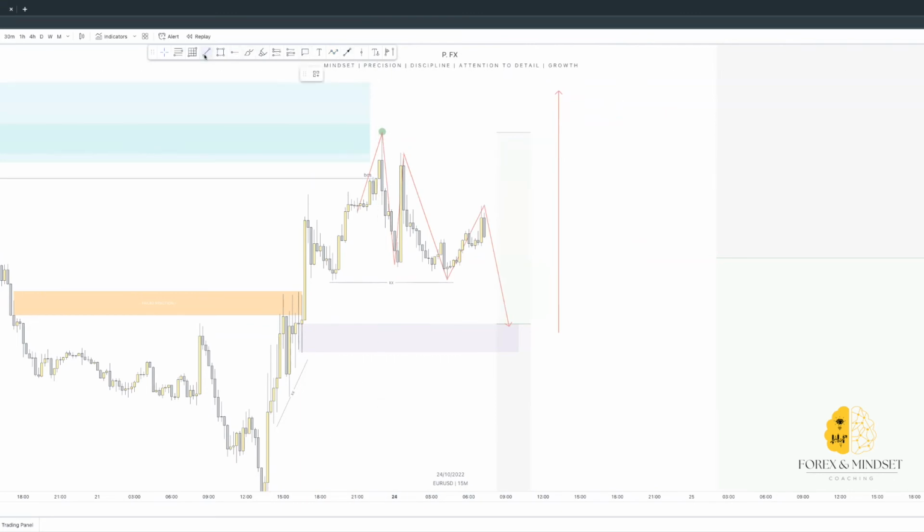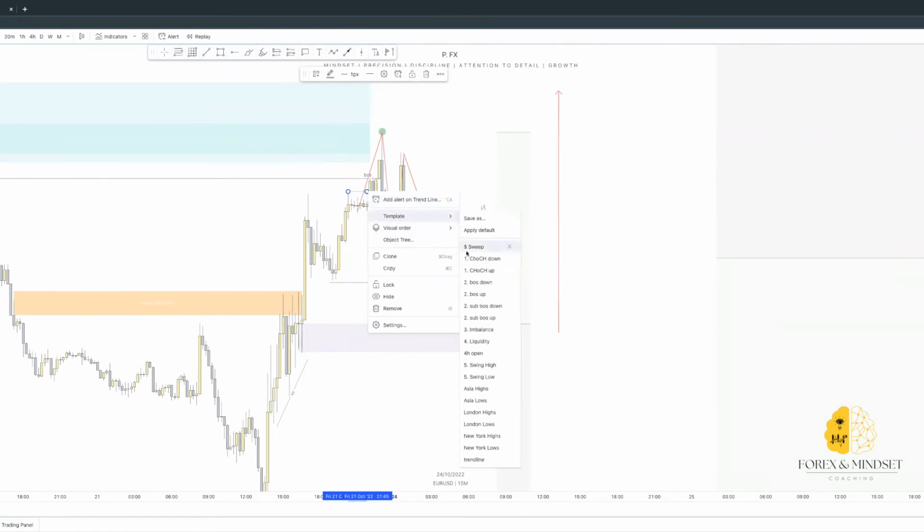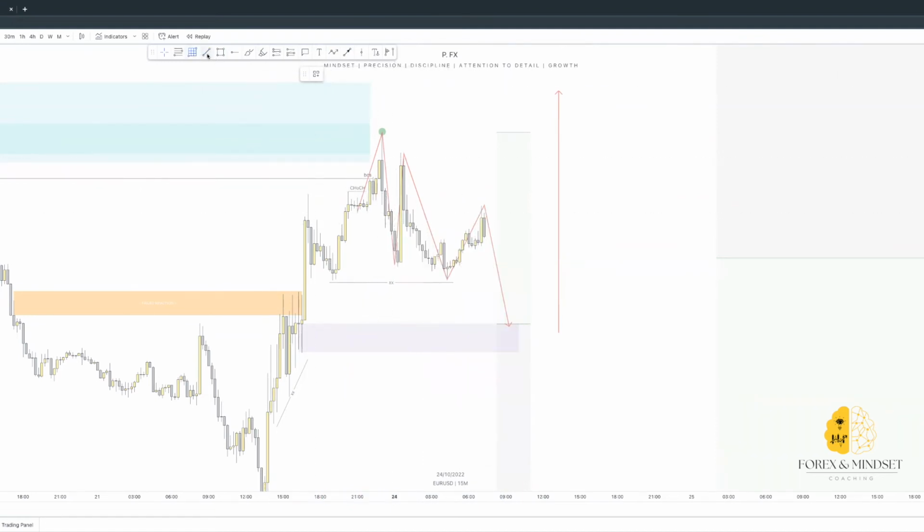And what we can see is that we have change of character up and we have change of character down. Okay. And as we got that, the price returned back into the premium.